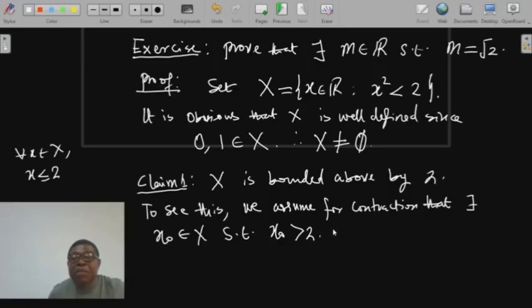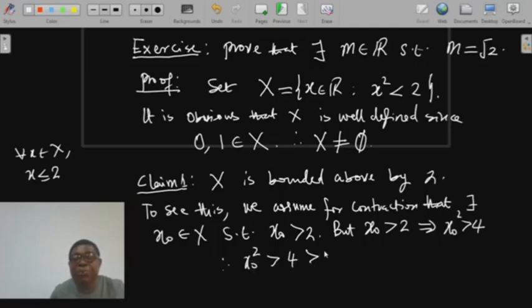But x naught bigger than 2 implies that x naught squared is bigger than 4, and this 4 is bigger than 2. So this implies that x naught squared is bigger than 2, which is a contradiction.